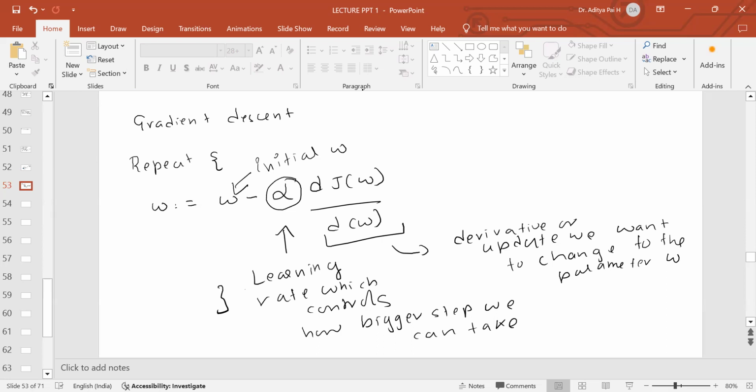And this W is the initial value. So this keeps on continuing.